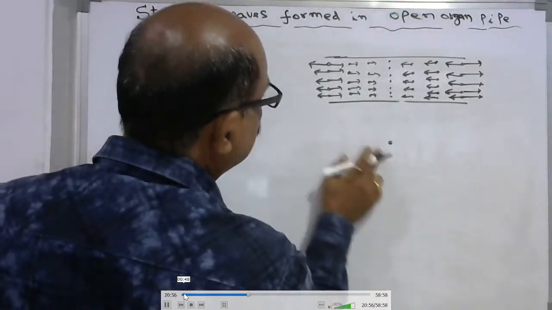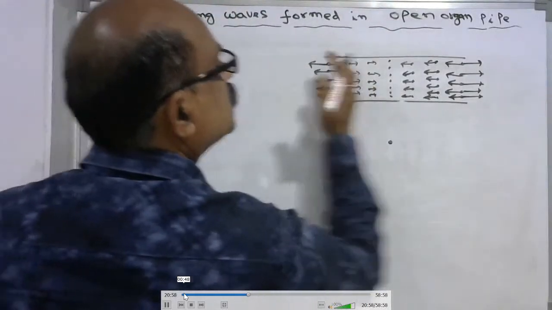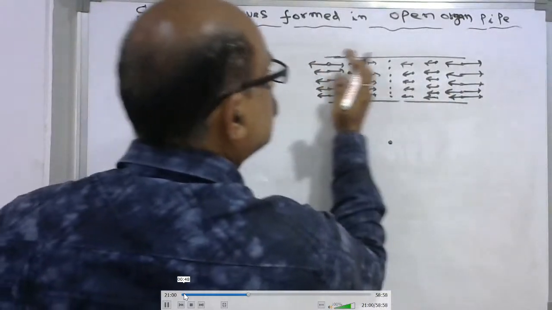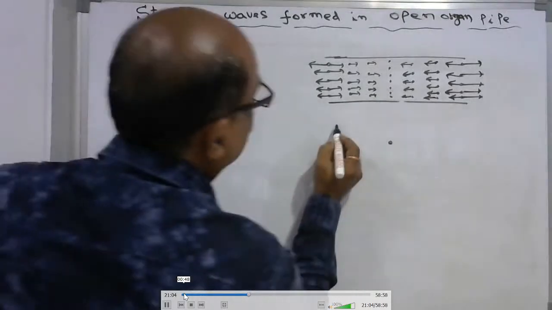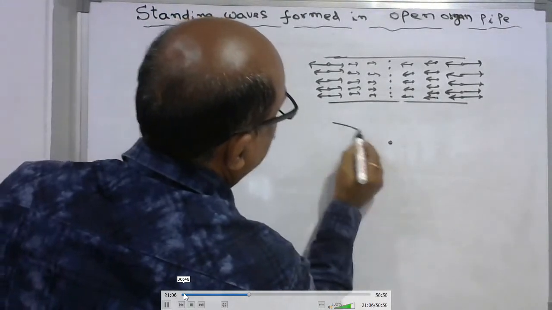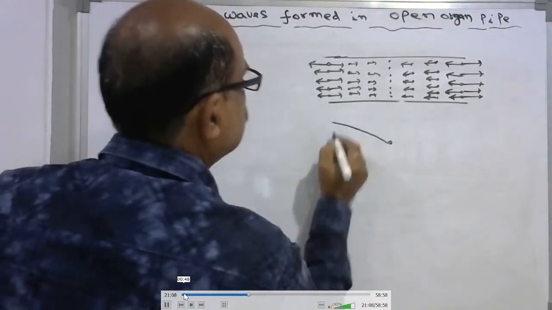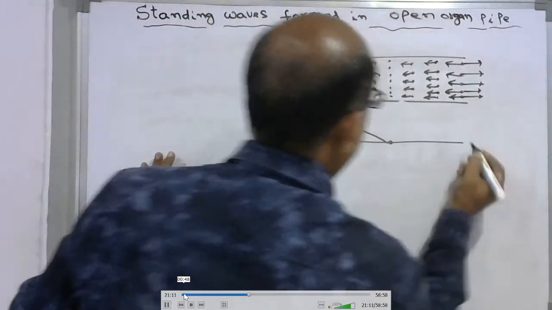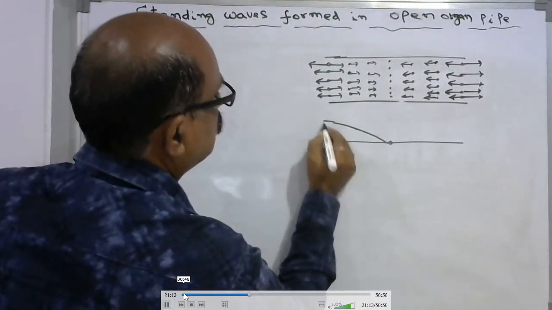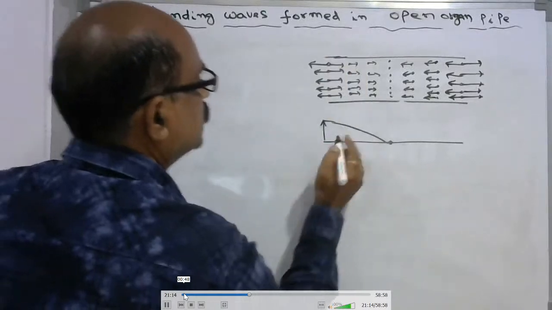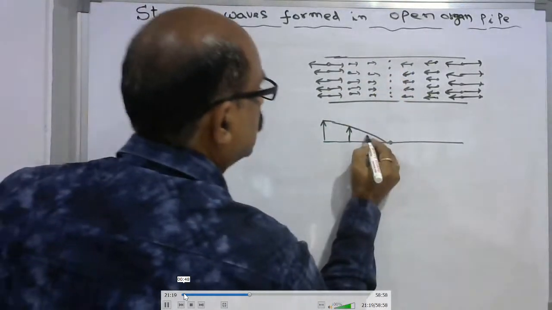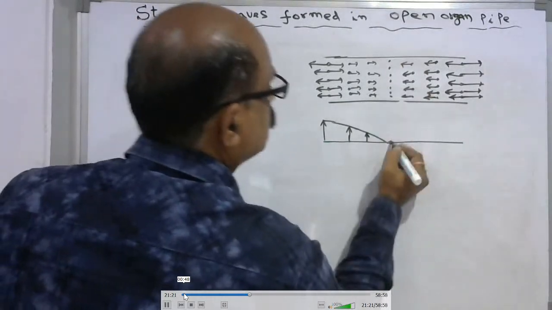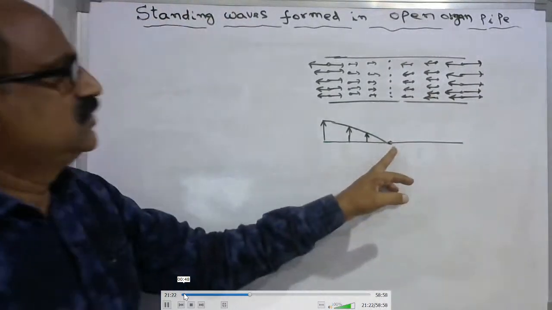And if you observe the graph, the displacement in this forward direction gradually decreases toward the center. The maximum displacement is at this position, then it decreases, and almost all displacement becomes zero.